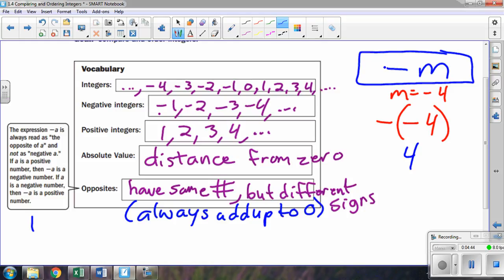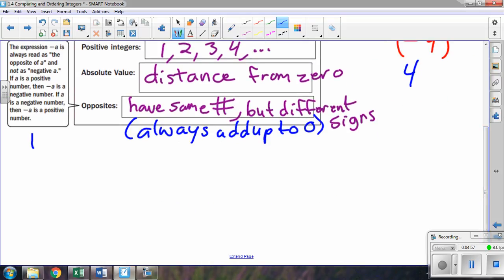And yet we still read it as -m. We made it sound like it's a negative number when in fact it would be a +4. Just as a way of trying to communicate more effectively, don't read these things as -k or negative x, or negative a. That's not how they read. You should read them as the opposite of k, the opposite of x, and the opposite of a.